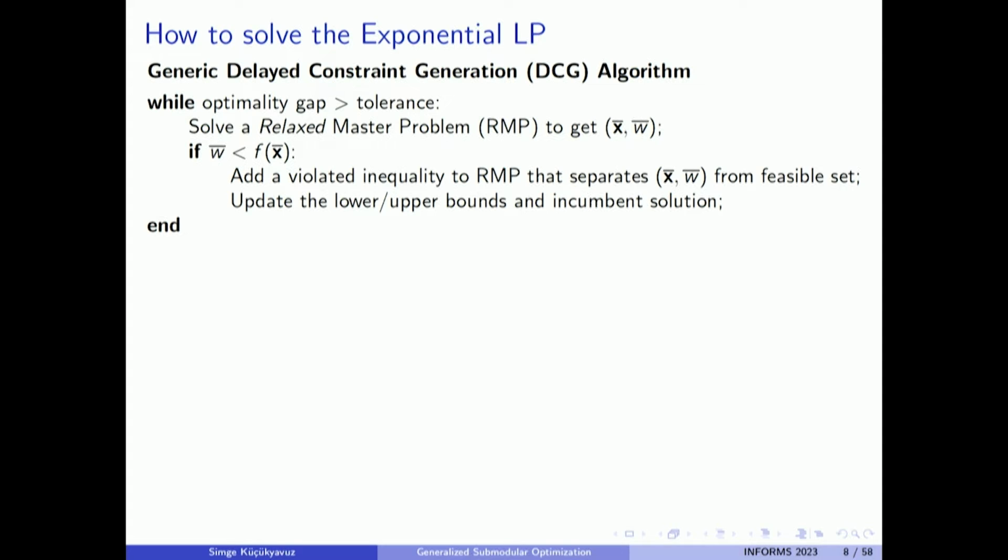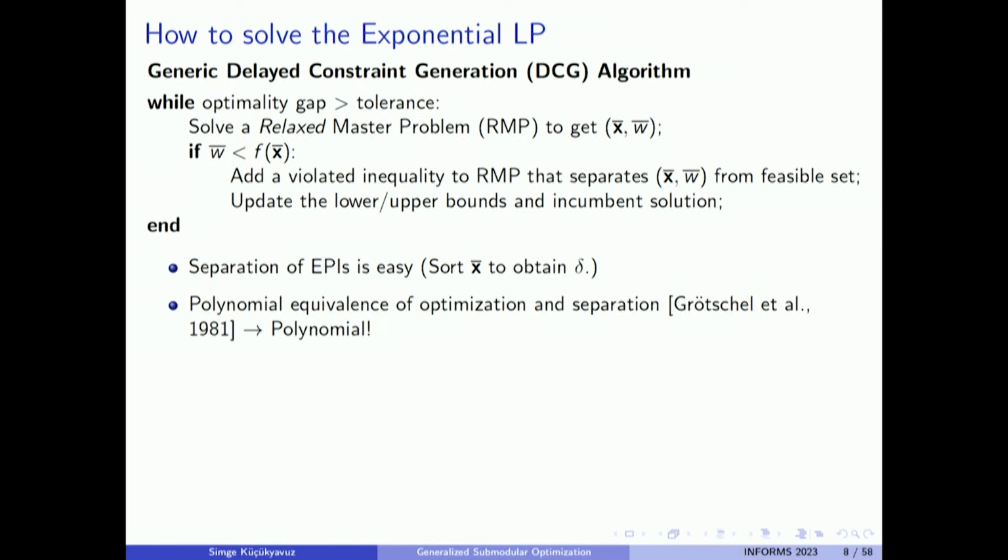If our estimate of the objective function w bar is less than what it needs to be, then we need to add one of these extended polymatroid inequalities. And that's a problem we call a separation problem. Which inequality are we missing that should have been there and this shouldn't have happened? So we find that and we add that and we repeat this process.